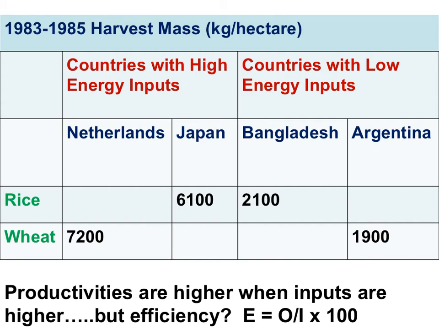Now remember, productivity is good, productivity is food, but what did it take to achieve high productivity? What are those high inputs that result in high productivity? Regardless of the size of the output, high inputs will lower efficiency.